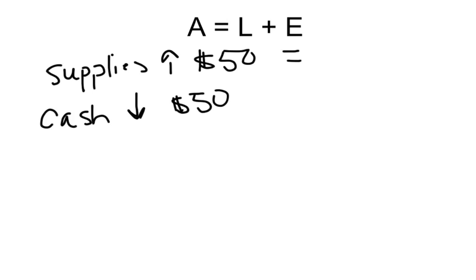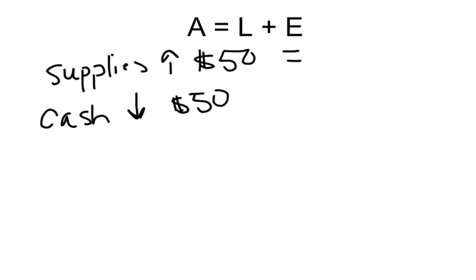Both of those are on the left side of the equal sign, but does my equation balance? Yes, it does. So I'm okay. Now again, if there were other accounts involved, we would need to continue, but I purchased supplies for cash. This would be the overall transaction, the effect on my accounting equation. Supplies went up, cash went down.